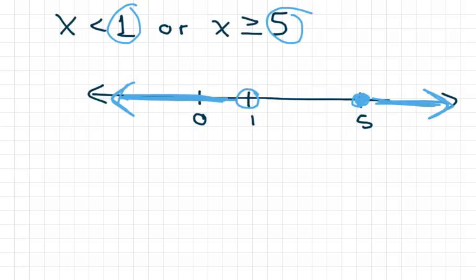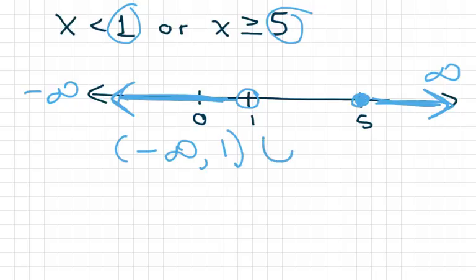So what we're going to do is take 2 pieces of it. This part is, since we're going to negative infinity here, and we're going to infinity here. Negative infinity, comma 1, open interval, and we're going to use this union sign.